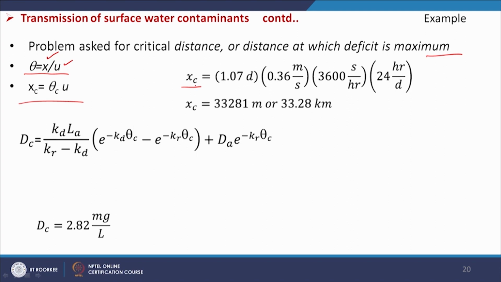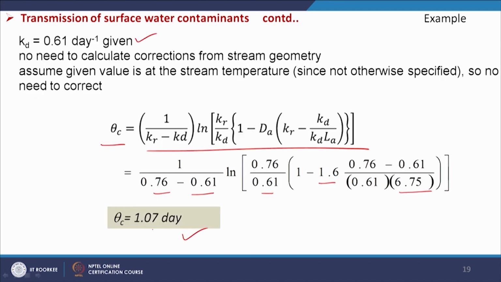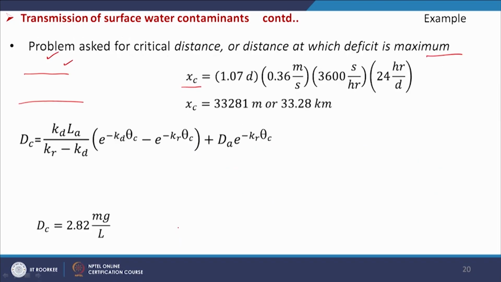We have seen the critical point comes at theta c of 1.07 day. So, at 1.07 day how far the water will flow, that we have to calculate. Here this is our time, and this is our velocity, 0.36 meter per second. So, this is our critical time.